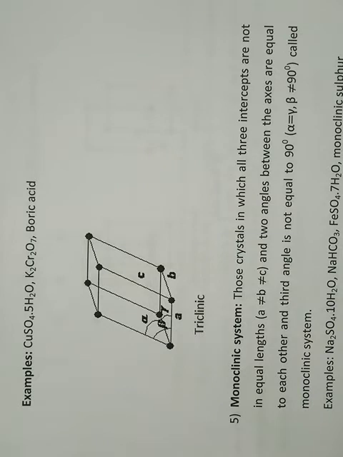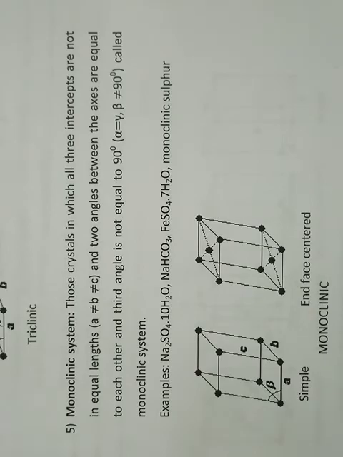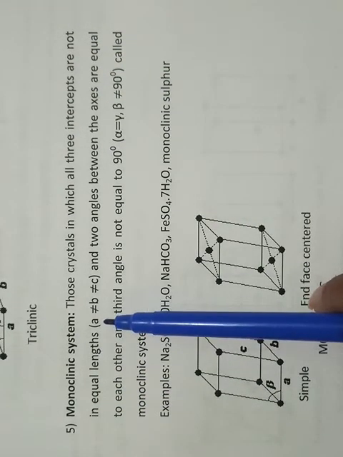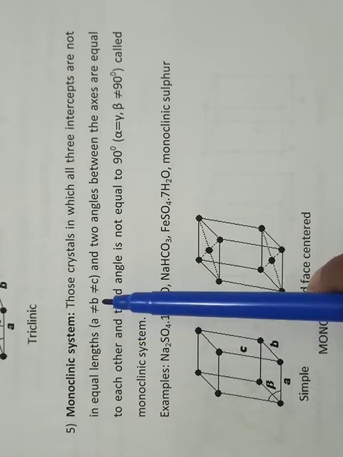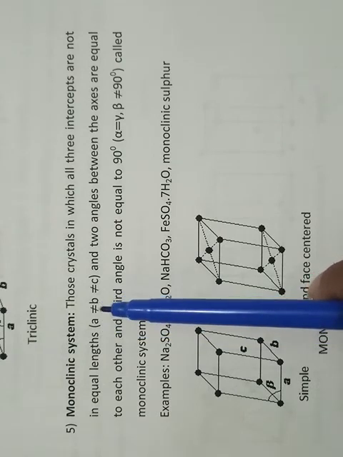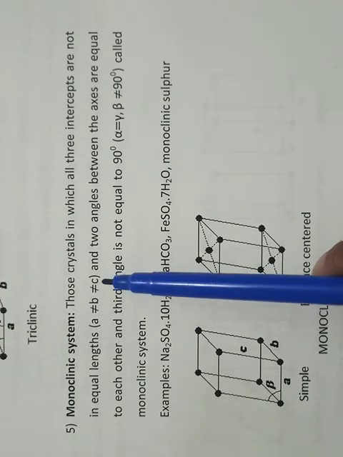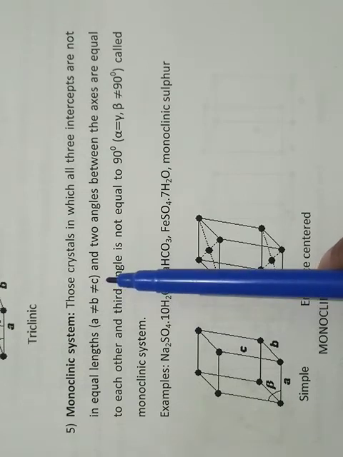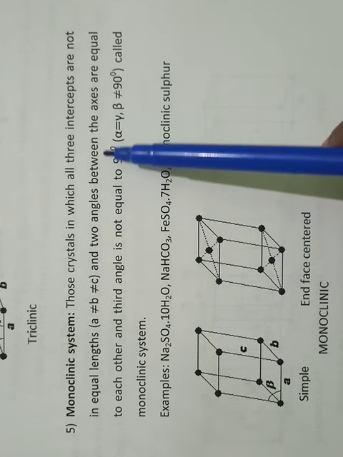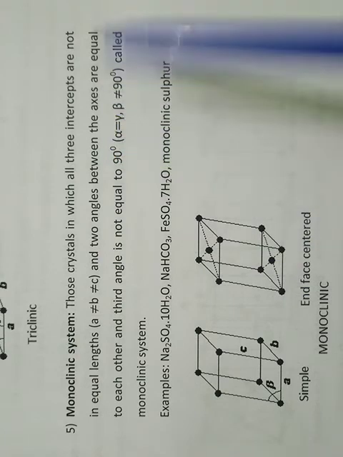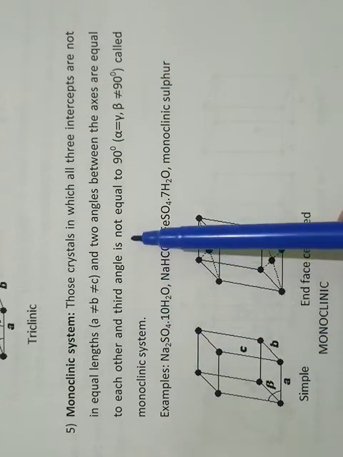The next one is the monoclinic system. In the case of monoclinic systems, all the intercepts are not equal in length. That is, the intercept A is not equal to the intercept B, and the intercept B is not equal to the intercept C. Two angles between the axes are equal to 90 degrees, and the third angle is not.